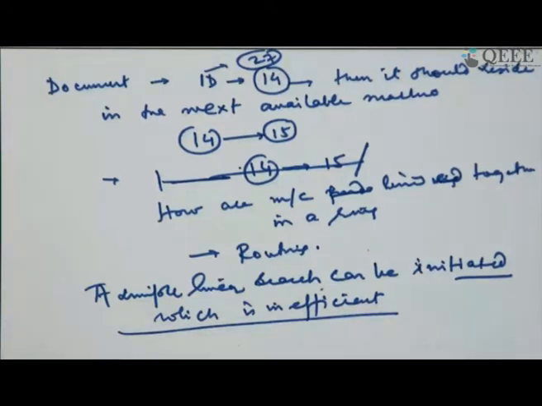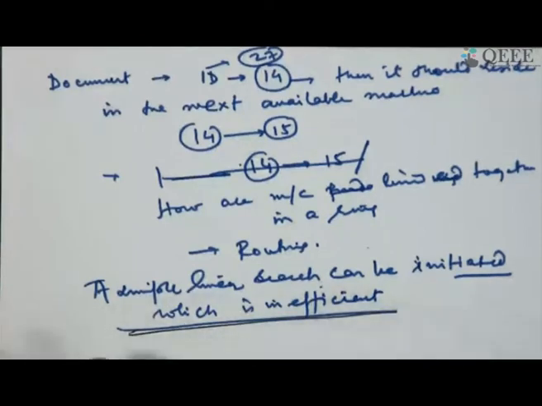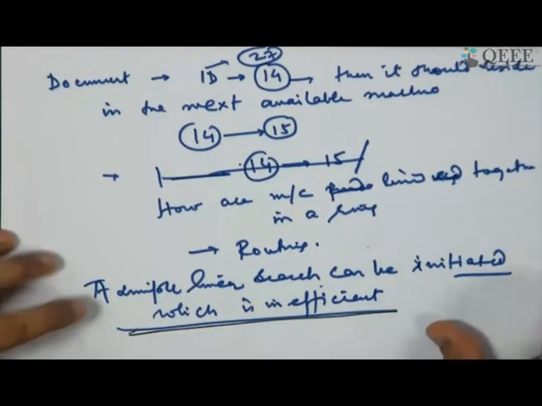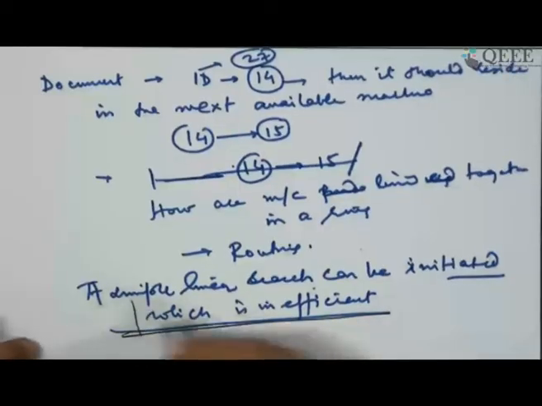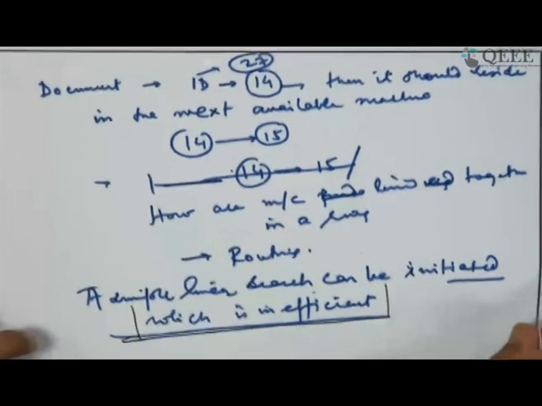A simple linear search can be initiated, but it is actually inefficient. So if it is inefficient, then what should we do? Let us go back to this route.